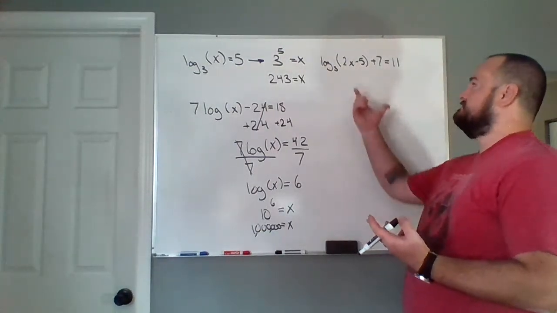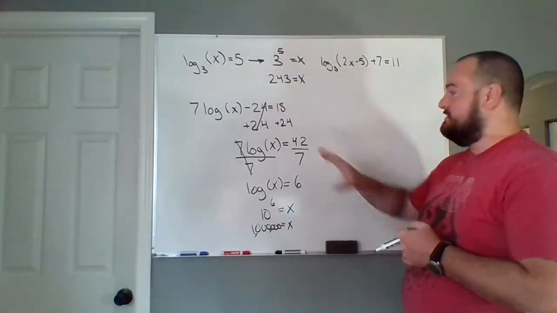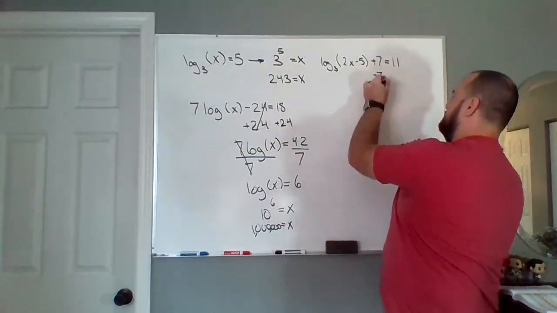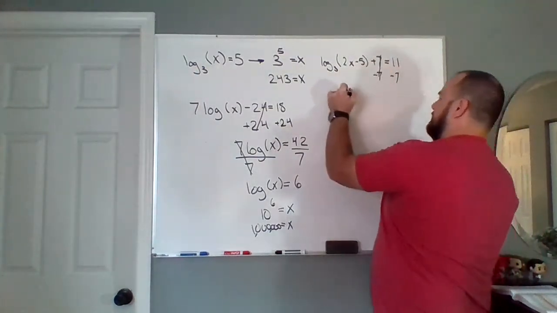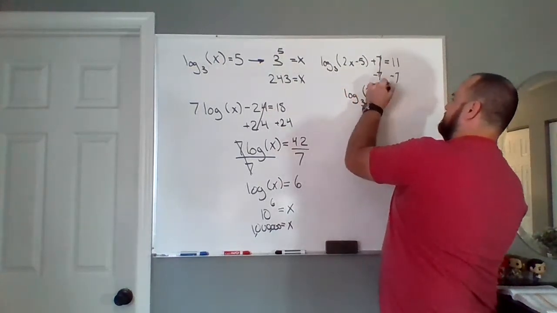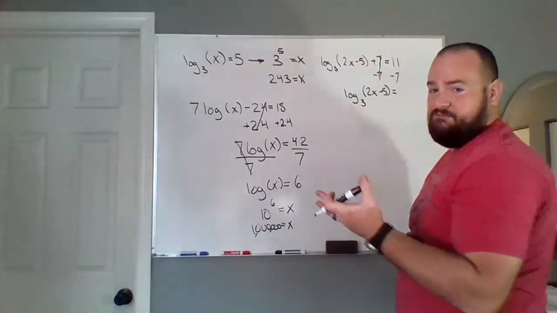All right. I still have something going on outside my logarithm. I still have to get rid of that first, just like we did on this problem. So here, since I'm adding that 7, I need to subtract that 7 from both sides. And I get log base 3 of 2x minus 5 equals 11 minus 7, which is a lovely 4.